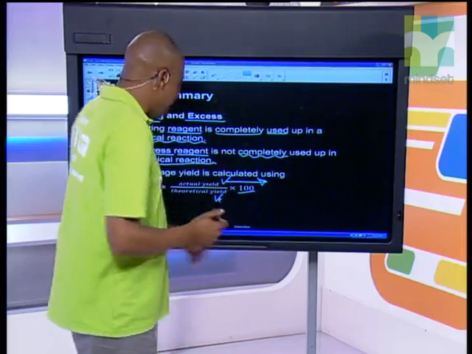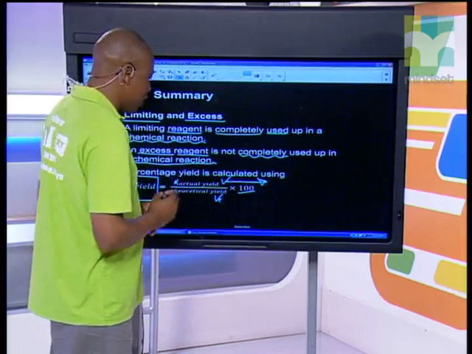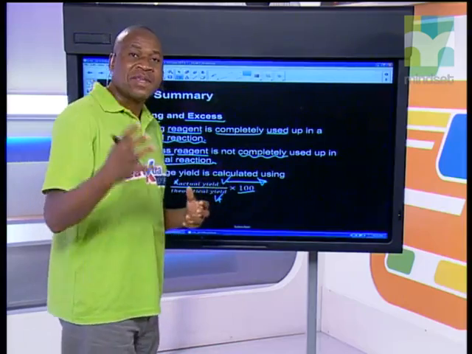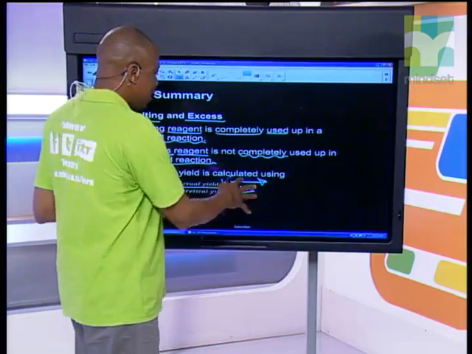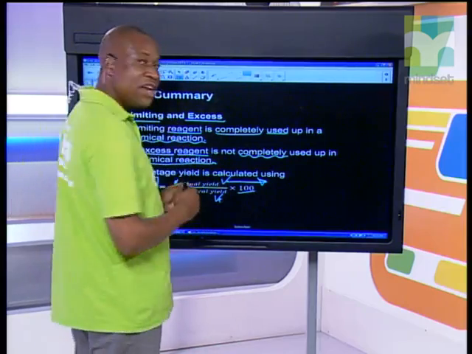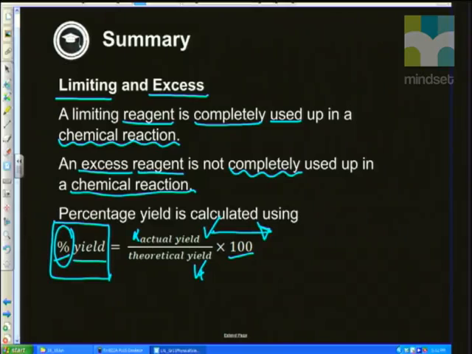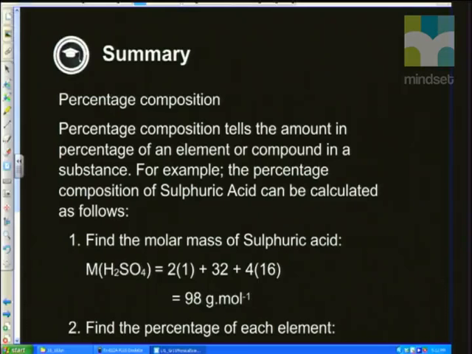We put it up here. It is the actual yield. We divide that by our theoretical yield, which is our calculation, and we multiply that by 100%, and we have now found what we call the percentage yield. We're going to do examples, of course, later on to show you more on how this is done.